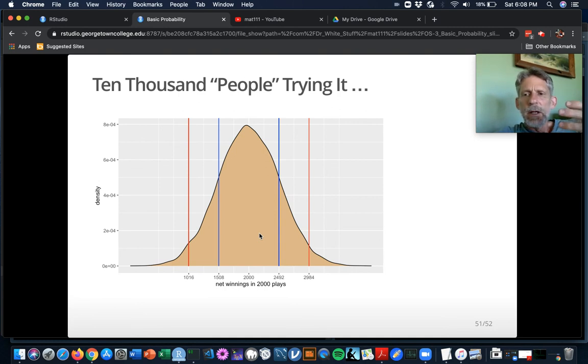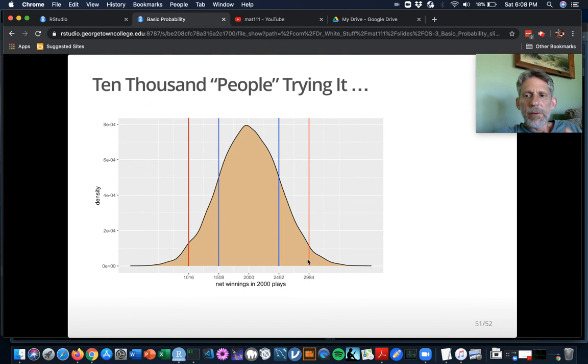It looks like about 68% of the total area of the curve. These red lines go from the expected value minus 2 standard deviations to the expected value plus 2 standard deviations. And that's definitely most of the curve. In fact, about 95% of the area of that density curve is within that range.